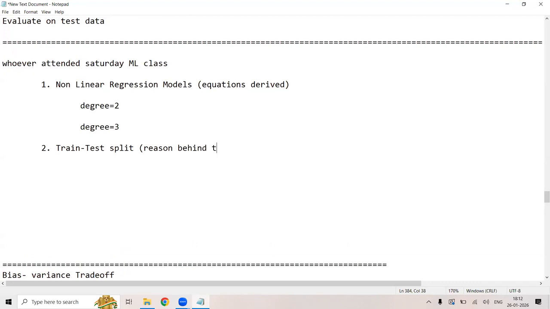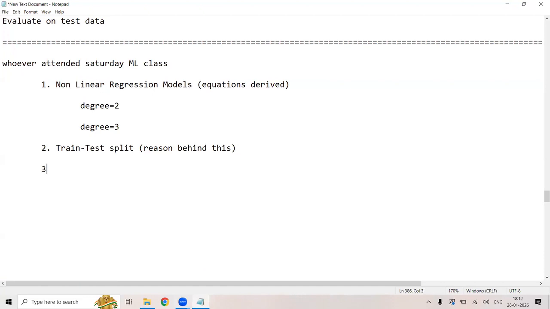And the third important point, nonlinear regression is nothing but polynomial models. And third, we also discussed the bias variance trade-off, which is called underfitting and overfitting.